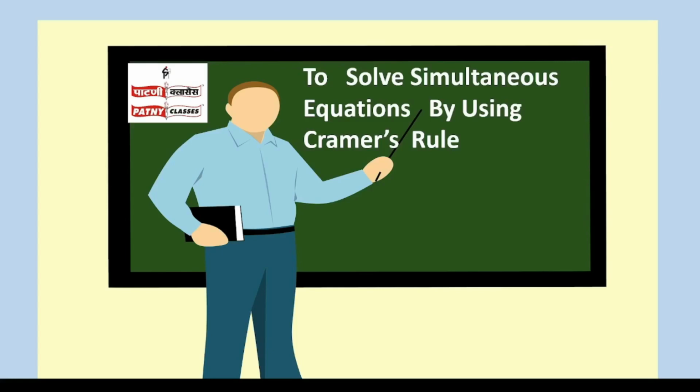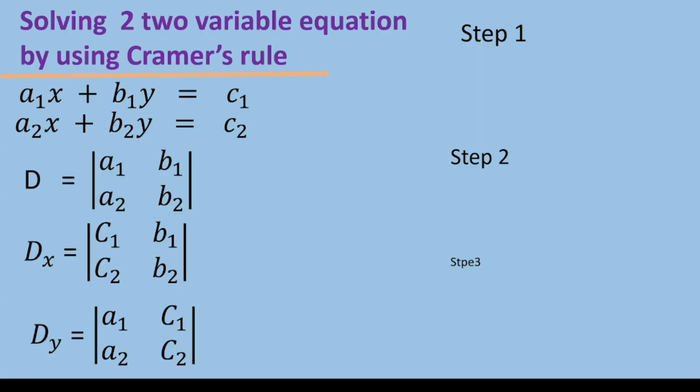Now let us learn to solve simultaneous equations by using Cramer's rule. Cramer's rule can be used to solve equations of 2 unknowns and 3 unknowns. First consider 2 equations of 2 unknowns, and we will find the values of x and y by using Cramer's rule.